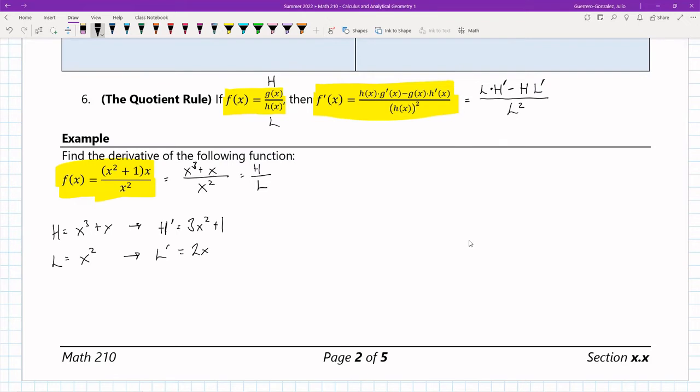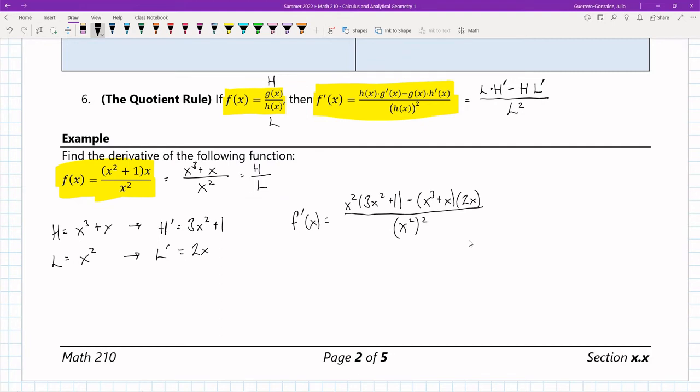So now all that's left is I just need to connect the dots from above. So f prime of x is the low, x squared, times d high, 3x squared plus 1, minus high, x cubed plus x, times d low, 2x, all over the low squared, x squared squared.